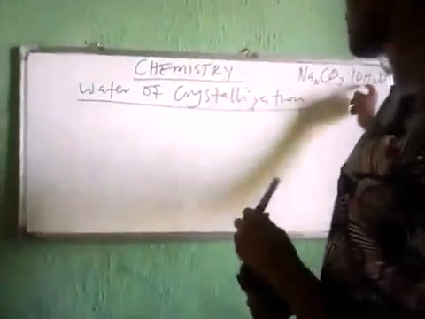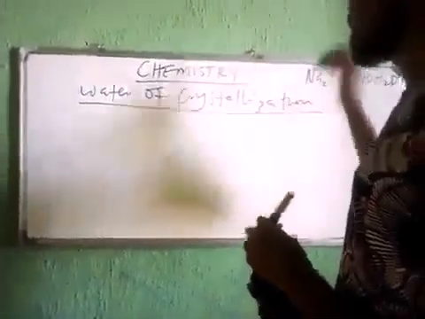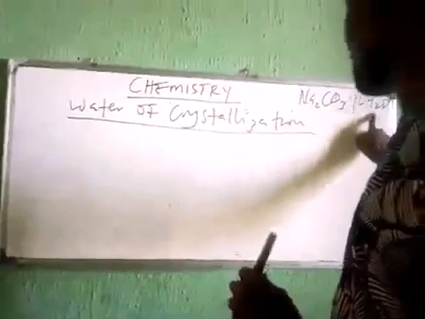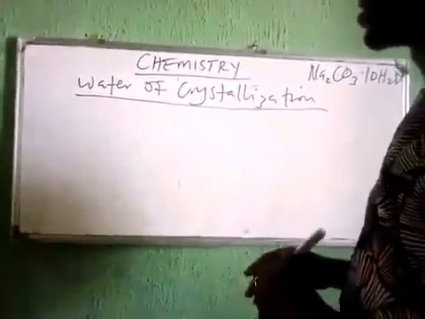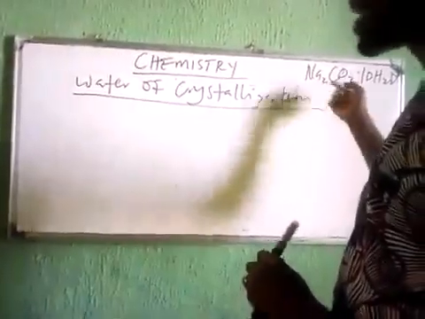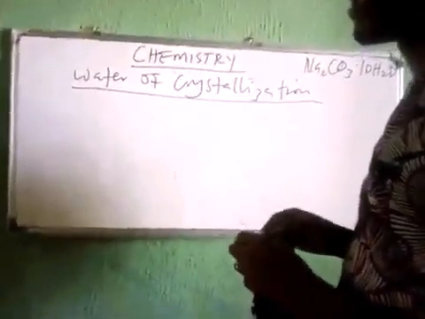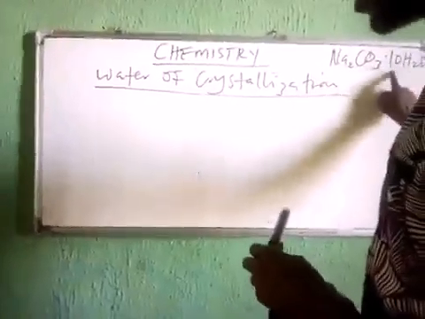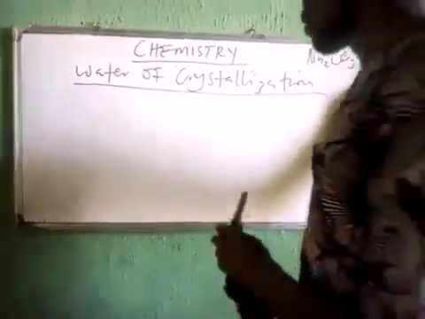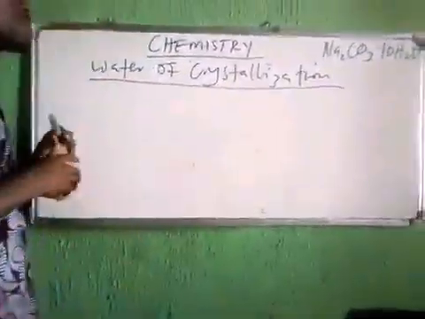This salt contains some water molecules associated with the compound. So a compound like this is a hydrate, and such compounds have water of crystallization. This water is what we call water of crystallization.